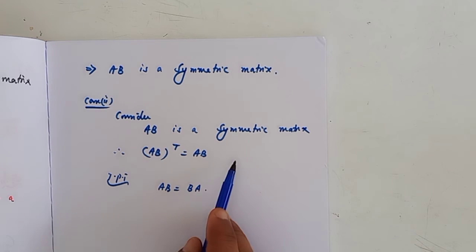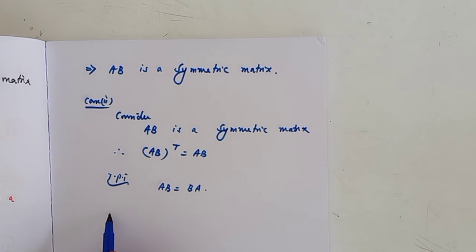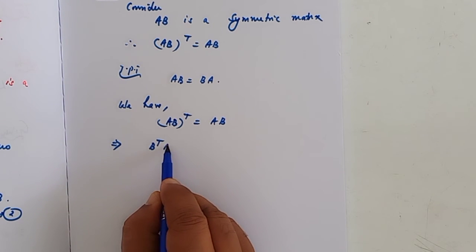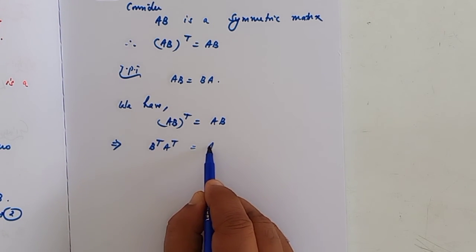Here we have AB whole transpose equals AB. We know that AB whole transpose, the property is B transpose into A transpose, equals AB.